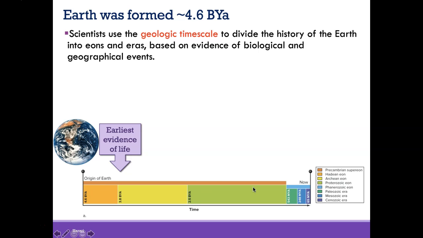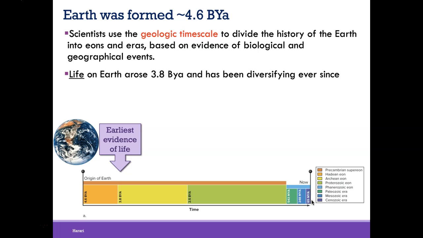We have several eons: the Hadean eon, the Archean eon, the Proterozoic eon. Eons are divided up into eras, and these eras are divided based on evidence of biological events, such as mass extinctions, or geographical events, like an ice age or some kind of volcanic eruption.